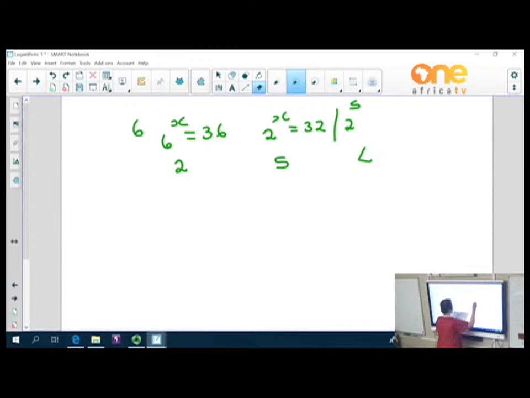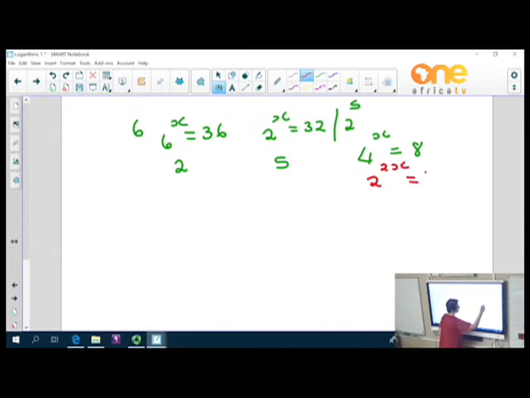And then let's look at the last one. That one is now 4 to the power of what is equal to 8. So I need to change them now here to the same base. So this is 2 to the power of 2x, and this is 2 to the power of 3. Remember, if you don't know, this is what you're doing. You divide by the 2 all the time.